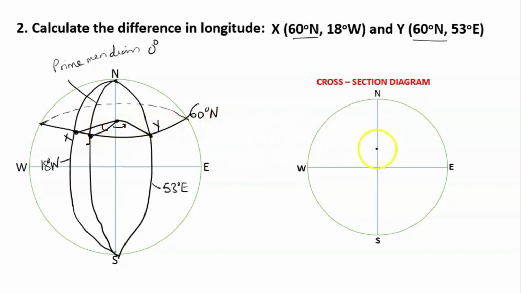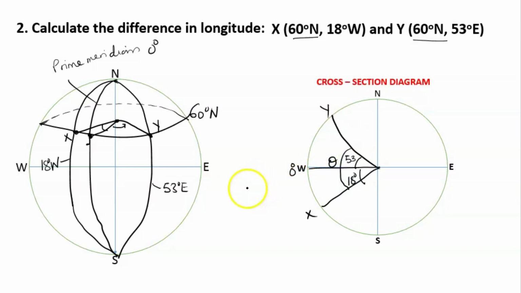Now let's look at it from the pictorial point of view. If this happens to be my meridian, which is 0, I'm going to have on this way my X, and another one this way, which is going to be my Y. From here to here is going to be 18 degrees, and from here to here is going to be 53. So the difference in angle will be here, which we usually refer to as theta.